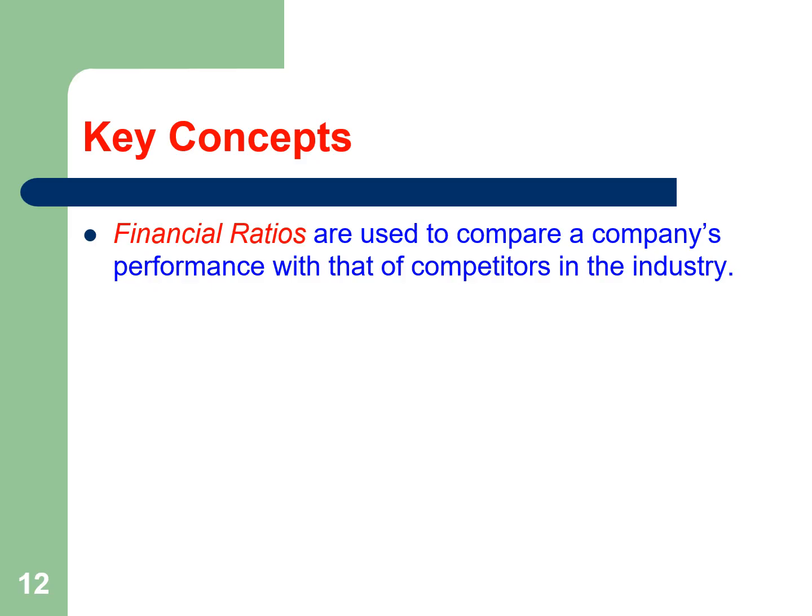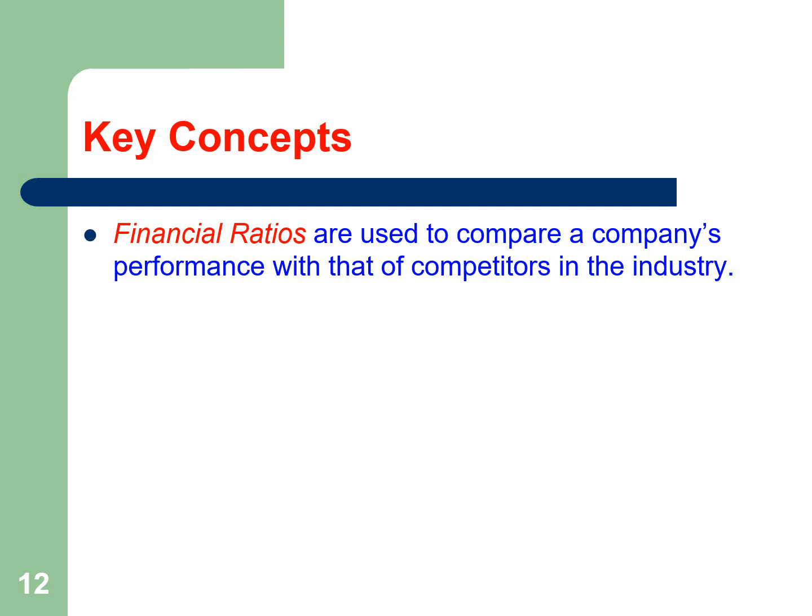Common ratios include profitability ratios, such as net profit margin, liquidity ratios like the current ratio, and leverage ratios such as debt to equity. By using these ratios, we gain insights into how well a company is operating, how efficiently it is utilizing its assets, and how it is managing its liabilities.